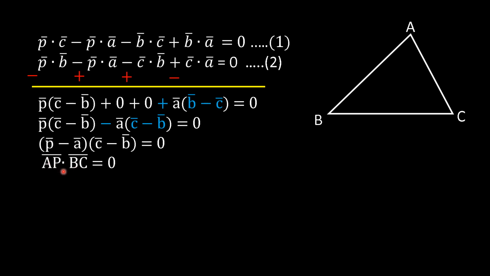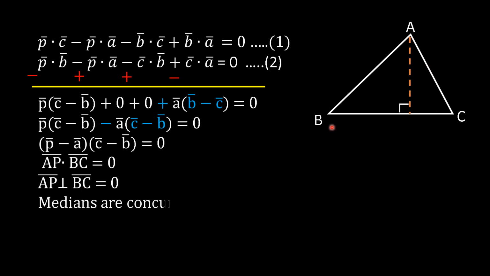So AP bar dot BC bar will be 0, which means that AP bar is perpendicular to BC bar. Therefore, the altitudes of the triangle are concurrent, and the point of concurrency is P, which we call the orthocenter.